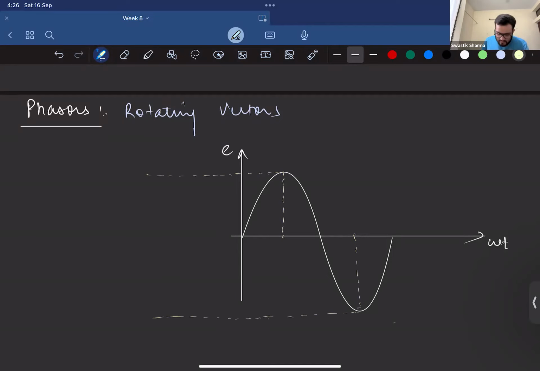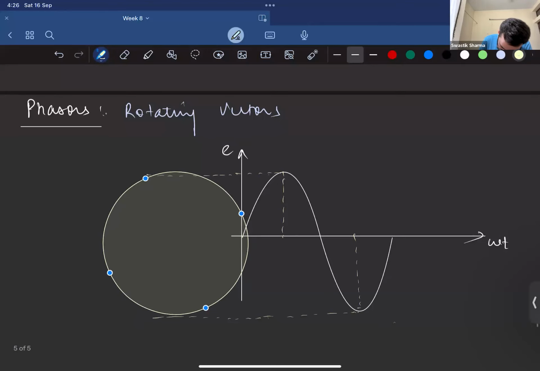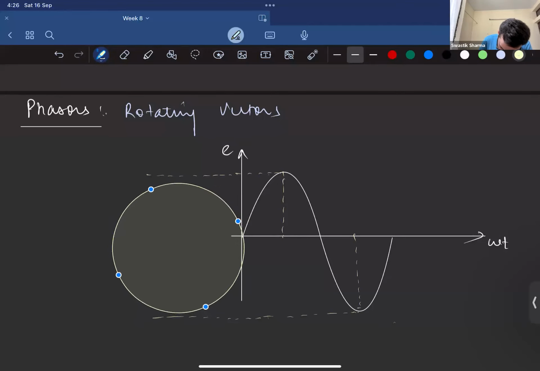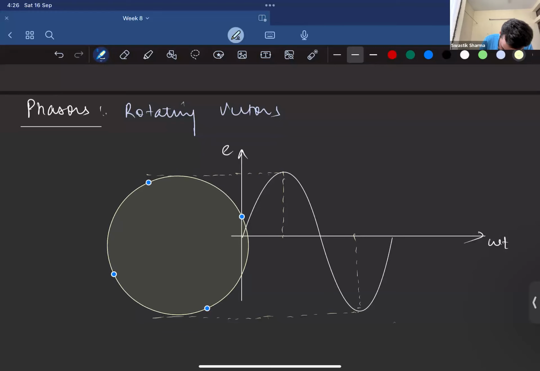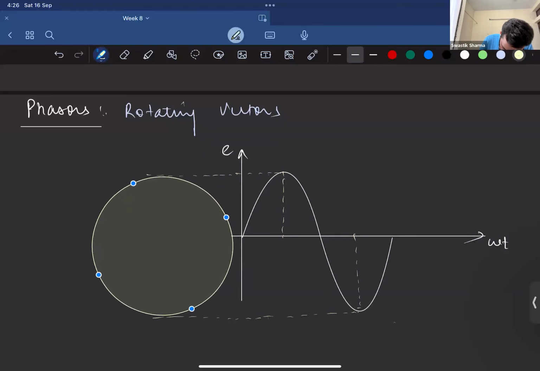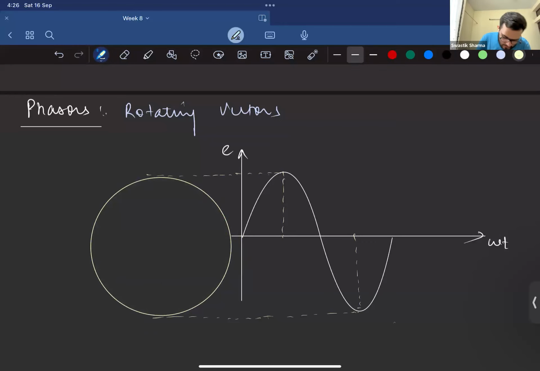So in between these, if we draw a circle, right? So what exactly does this circle depict?